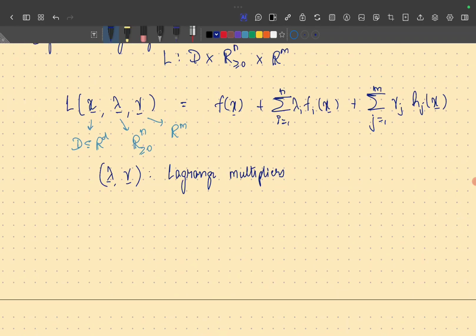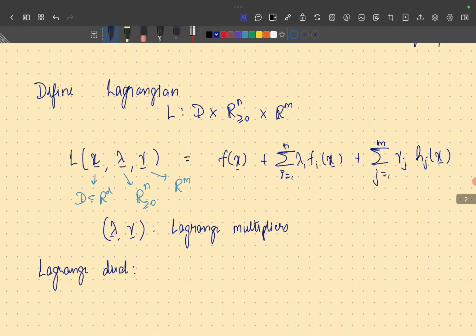So now I'll define this new object called the Lagrange dual. Recall that this was called the Lagrangian. L is called the Lagrangian.